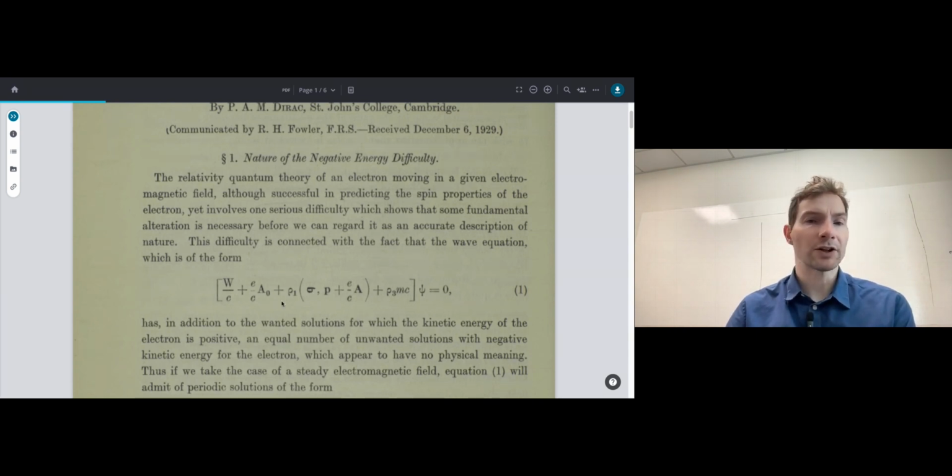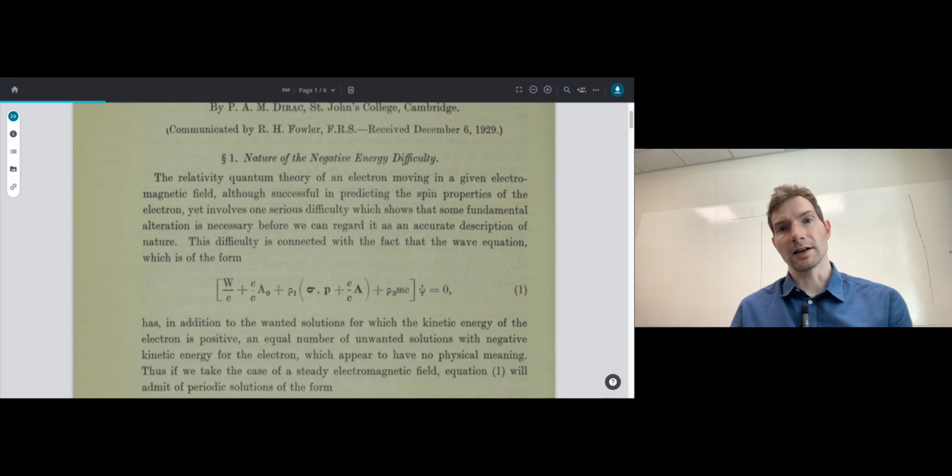The equation already looks complicated because Dirac directly considers an electron in an electromagnetic field. Here we've got A naught, which corresponds to the scalar potential, and the vector potential A. Sigma are the famous Pauli matrices, and basically that's it.